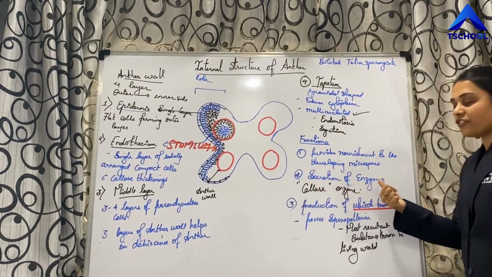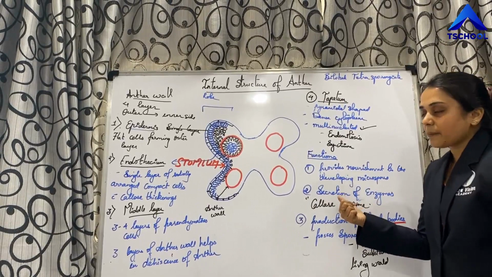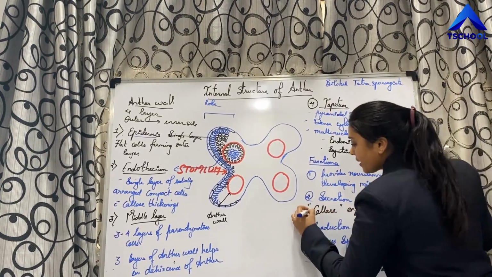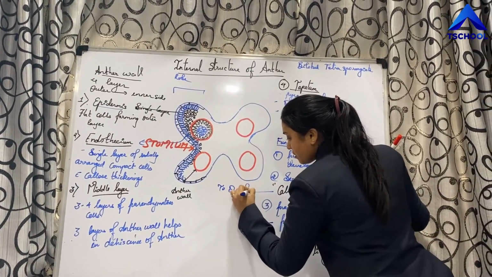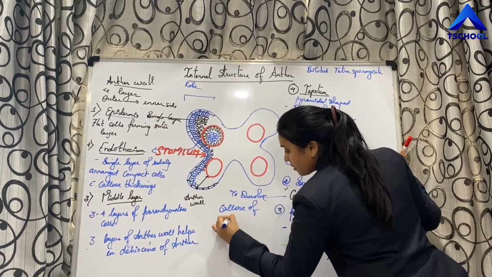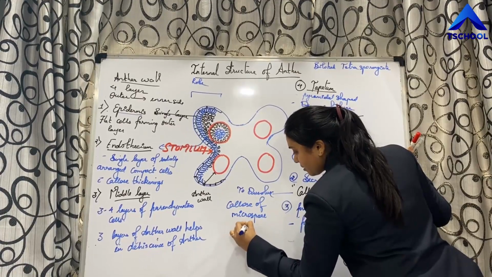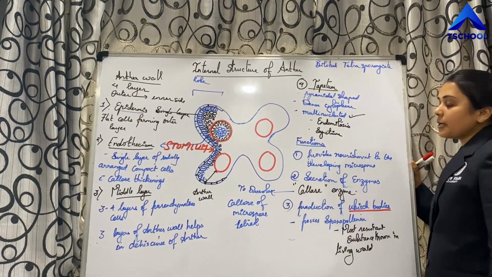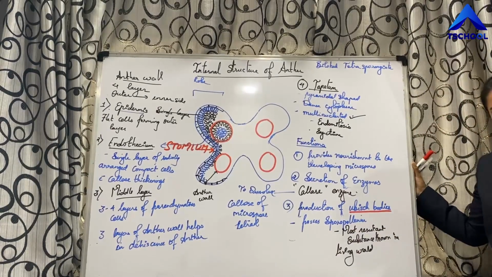Then secretion of enzymes, particularly callase enzyme. And what is the importance of this callase enzyme? This callase enzyme is required to dissolve callose of the microspore tetrad, right? And the other function is production of Ubisch bodies. These Ubisch bodies possess sporopollenin.